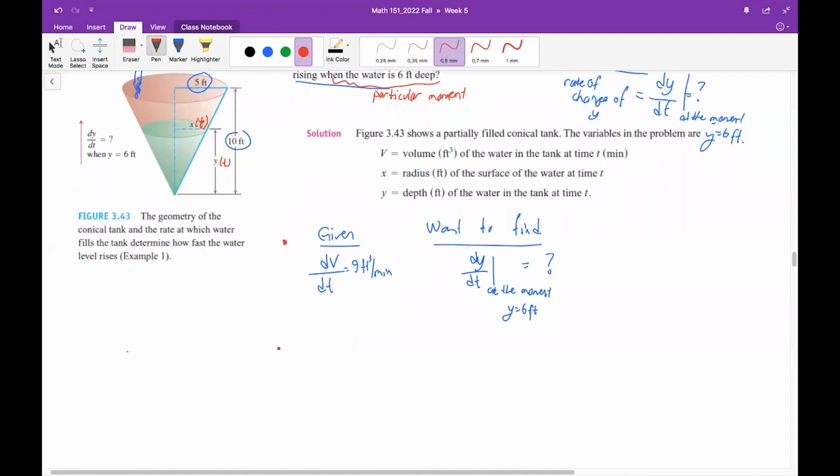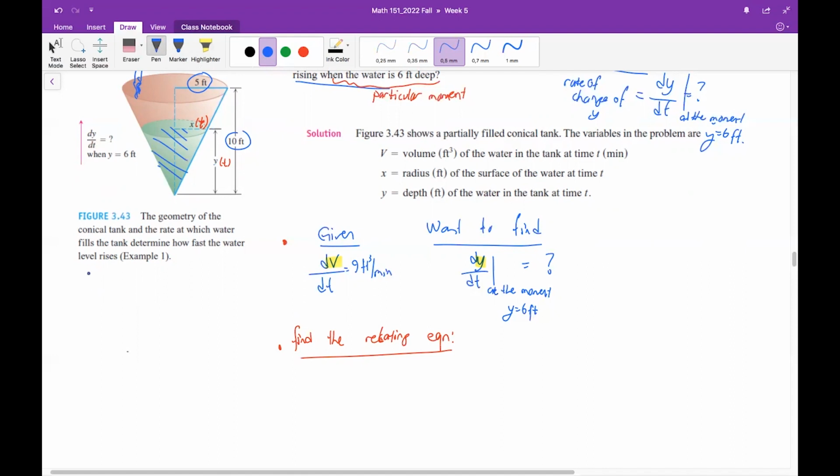Second step, okay, by looking at what is given and what you want to find, something about the volume is given, something about the function Y is asked, you will try to find a relating equation of these two variables. So find the relating equation. Okay, so how can you relate the volume of the water inside the tank to the height of the water?